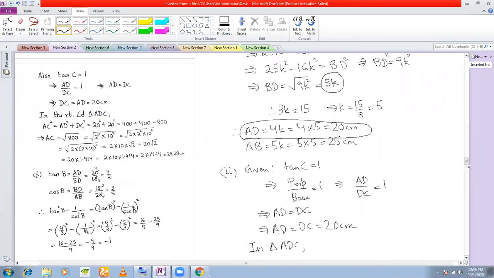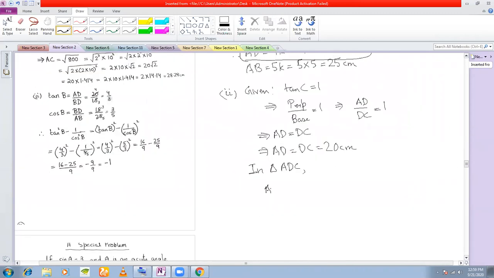Both AD and DC are equal to 20. So 20 square plus 20 square, which is 400 plus 400, which is 800.